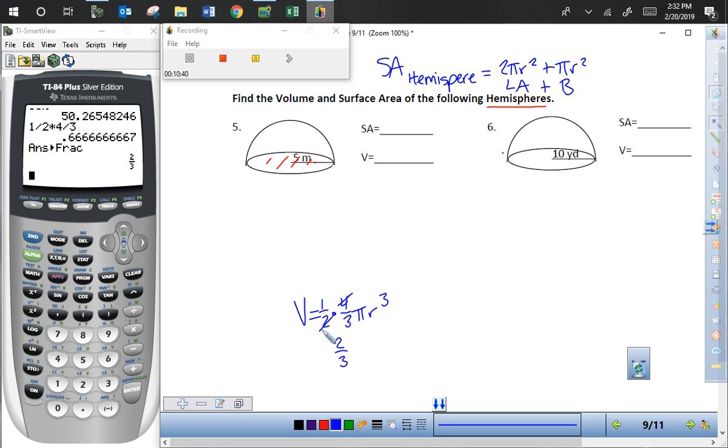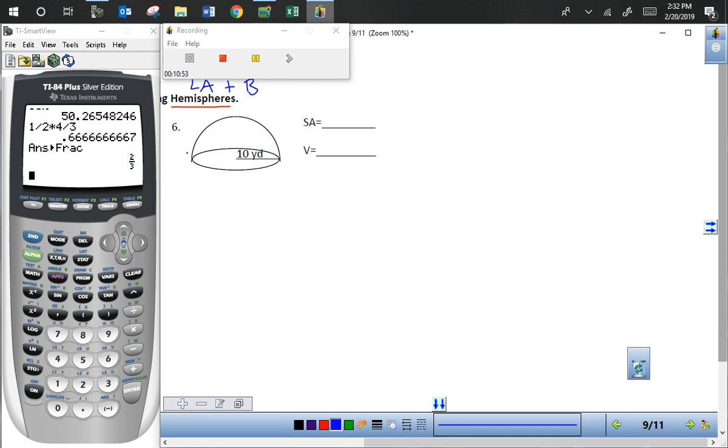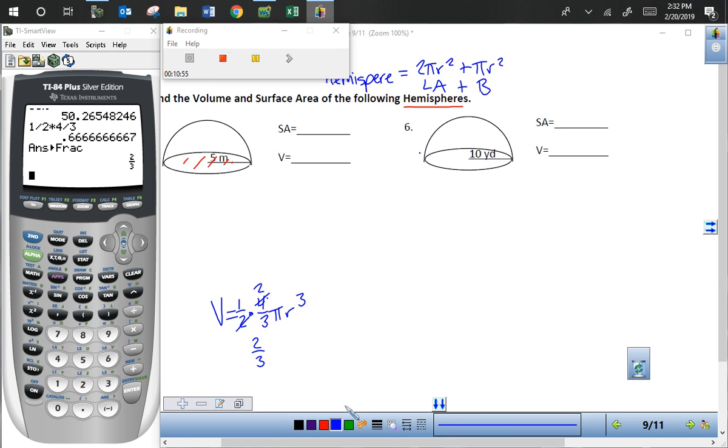This 4 and this 2, we can say 4 divided by 2 is just 2. So that's where the 2 in the 2 thirds comes from. So for the volume formula, we'll just say it's 2 thirds pi r cubed. Up top again, we'll write volume for this hemisphere equals 2 thirds pi r cubed.